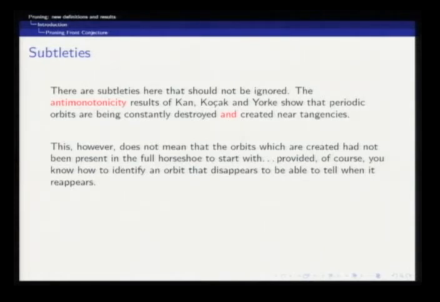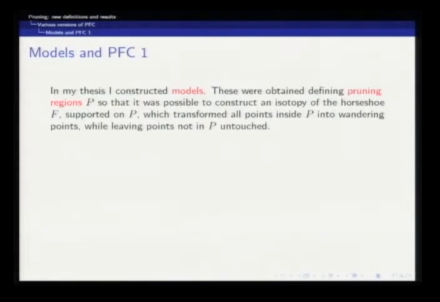That's what being a partially formed horseshoe is all about. They disappear and then reappear, and then disappear and reappear. But then you have to know what you're talking about to be able to say that something that appears now was there in the full horseshoe to start with.